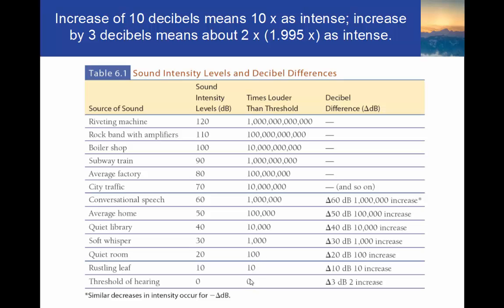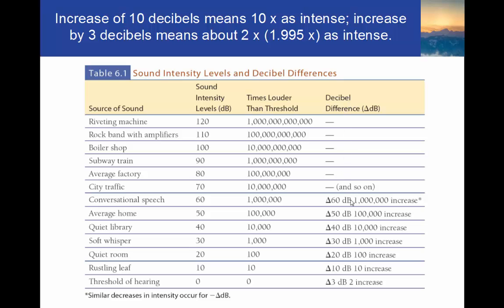So this actually right here where it says 0 times louder maybe should say 1. It's basically just saying it's the same loudness as the threshold of hearing. If you go up by 10 decibels, then you get 10 times louder. 20 decibels, so you've gone 10 plus 10 is 100 times louder. 30 is 10 plus 10 plus 10, so that's 10 to the third or 1,000 times louder, and so on.